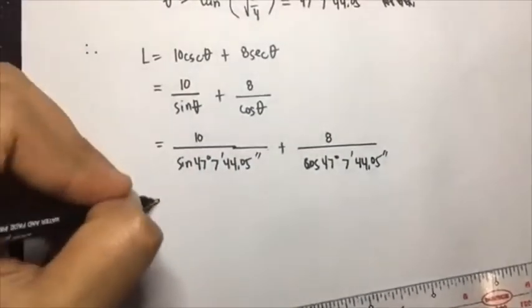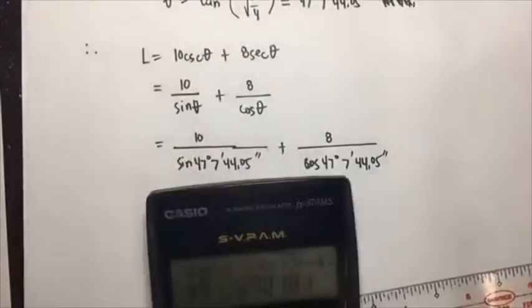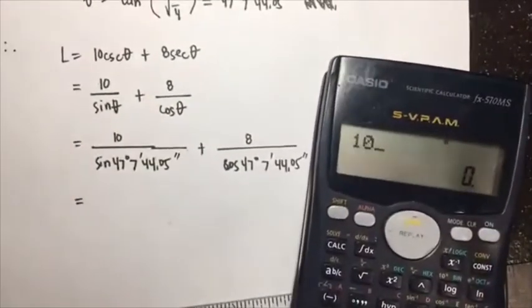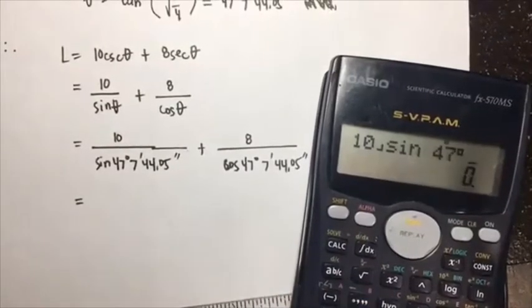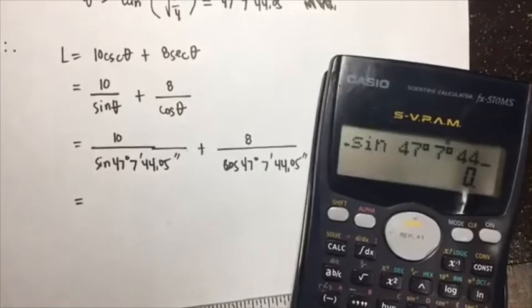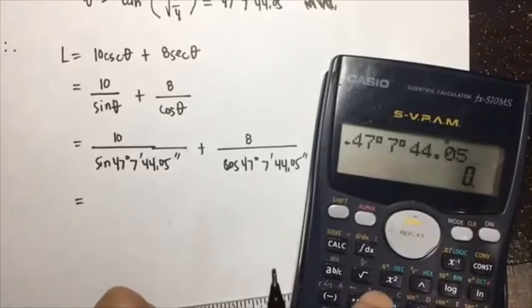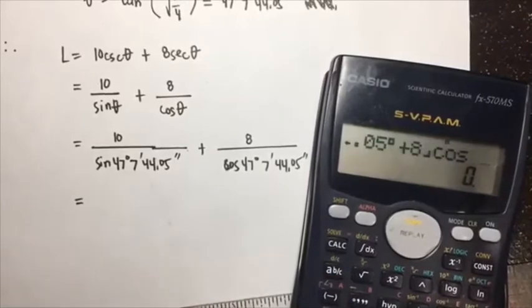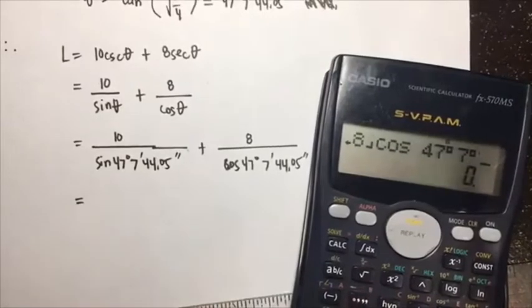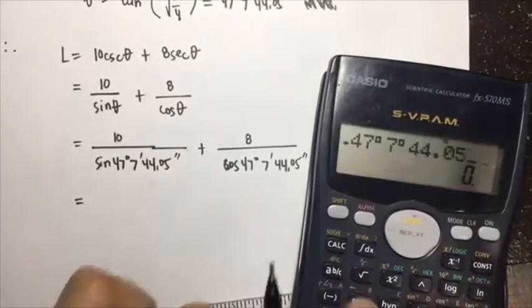So using our calculator, we will have 10 over sine of 47 degrees, 7 minutes, 44.05 seconds plus 8 over cosine of 47 degrees, 7 minutes, and 44.05 seconds.